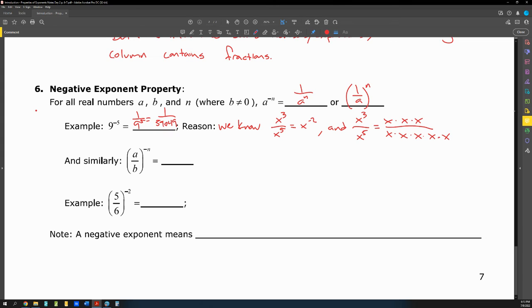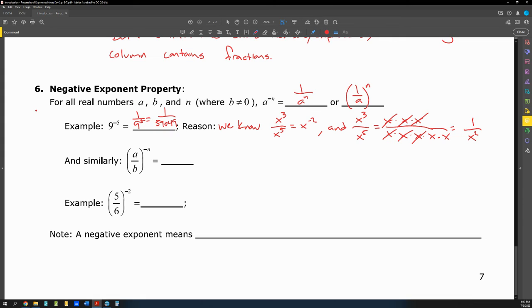I'm expanding those exponents as repeated multiplication. I noticed that we can cancel out factors in both the numerator and denominator. We can cancel out three pairs of x's, and that's all we can cancel out. We have two x's left in the denominator. So this simplifies to 1 over x squared. So we can see that x to the negative 2 is equal to 1 over x squared.